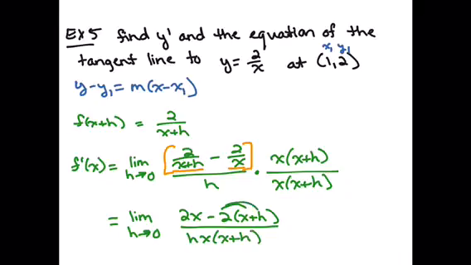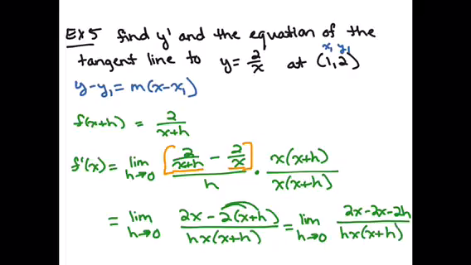And if I distribute that negative 2 there, we get the limit as h goes to 0 of 2x minus 2h over h times x plus h, and 2x minus 2x will go to 0, and h divided by h will go to 1.